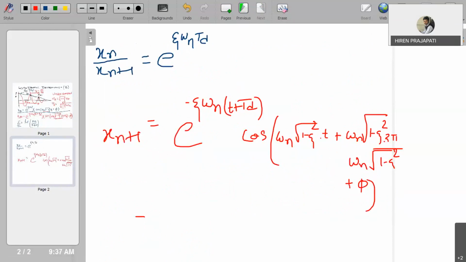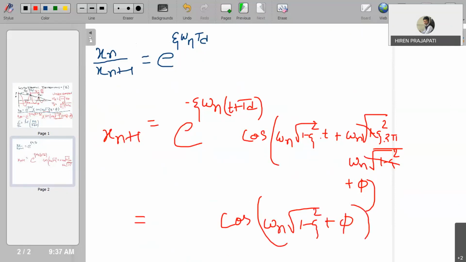Then this equals to, if you simplify this entire angle, the cos angle, this will be cancelled out. Then we have this plus phi in plus 2 pi. Now cos of 2 pi plus theta is what? Cos theta only. So I can write here this is nothing but cos of omega n square root 1 minus zeta square t plus phi, right?